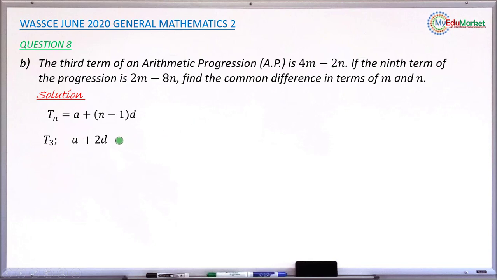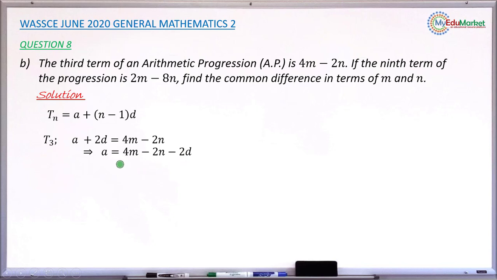Therefore, A plus 2D equals 4m minus 2n. Making A the subject of the formula, shifting 2D to the right hand side, you have A equals 4m minus 2n minus 2D. This is an expression representing the first term of this AP.